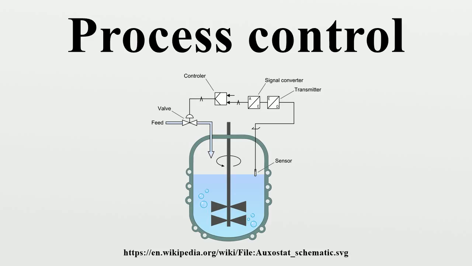A familiar example of feedback control is cruise control on an automobile. Here speed is the measured variable. The operator adjusts the desired speed set point and the controller monitors the speed sensor and compares the measured speed to the set point.